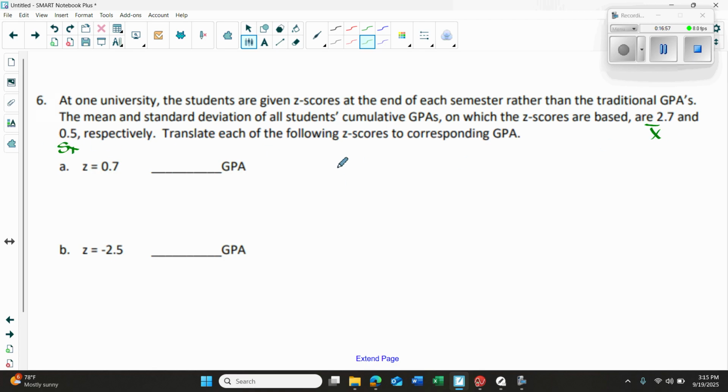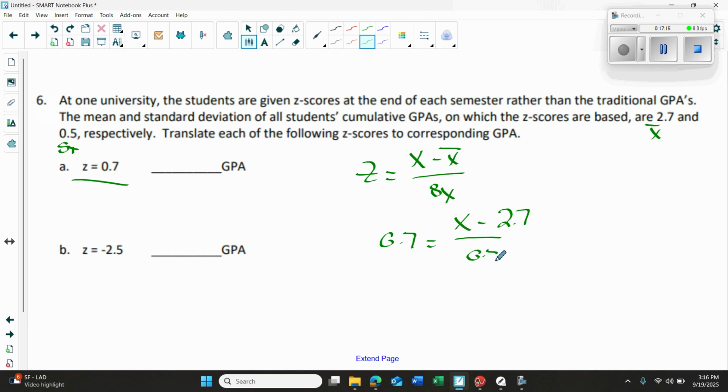If I want to calculate a GPA for a z-score of 0.7, once again, z equals X minus X bar over the standard deviation. So 0.7 equals X minus the mean, which is 2.7, all over 0.5. Now we multiply both sides by 0.5.